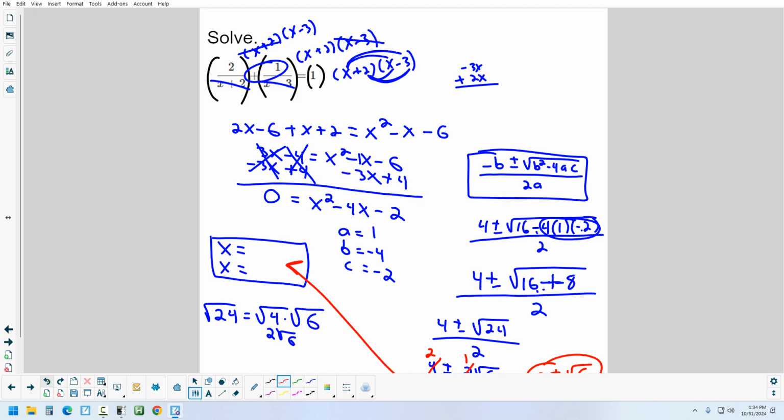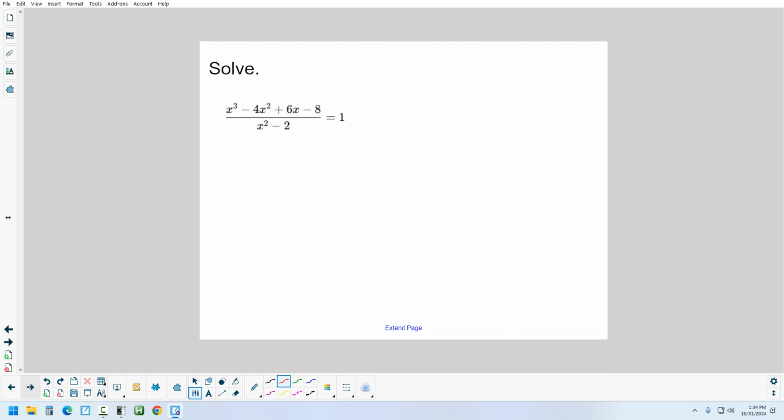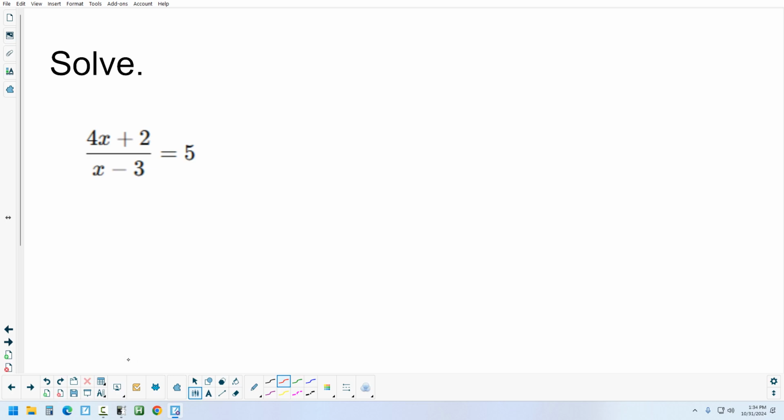Okay, so any questions on that? Okay. This will be the last one we do by hand, and then we'll finish up with the calculator. This one's actually a lot easier than all the other ones, but it looks different, so I think sometimes people get confused.